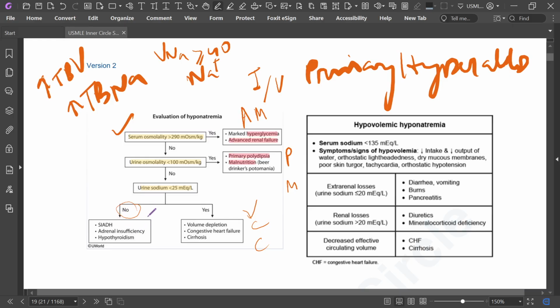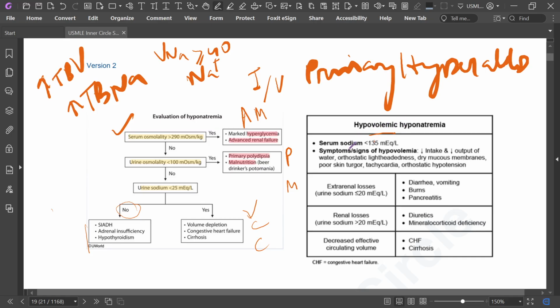If urine sodium is not less than 25, then SIADH, adrenal insufficiency and hypothyroidism.